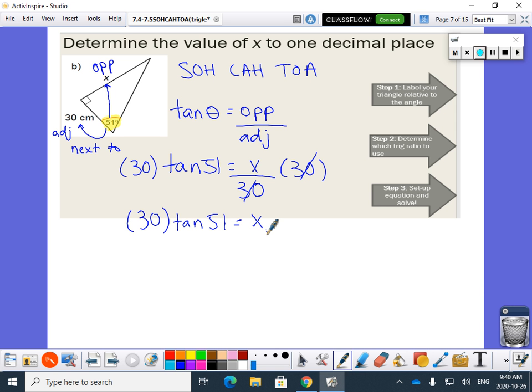Okay, so now this is something that you could just type into your calculator. I want you all to type in 30 tan 51. If you have a different calculator, figure out how that works. What do we get? You should be getting 37.0469.